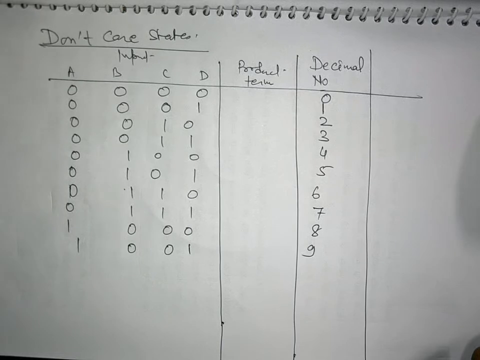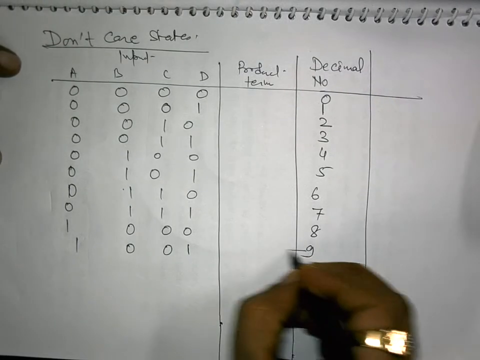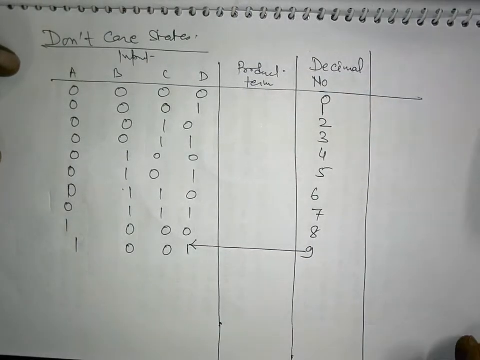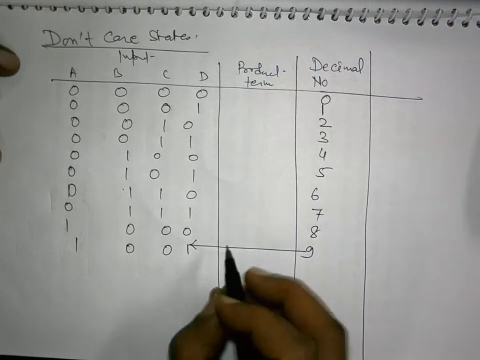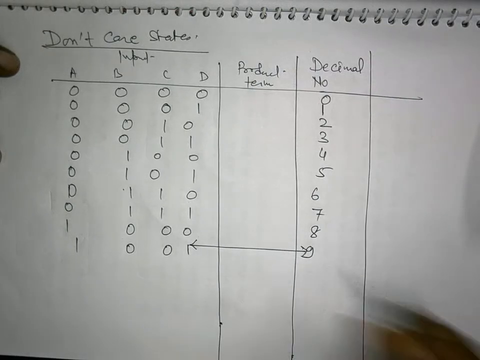Okay, these are the decimal digits that you have to encode in binary. If decimal is encoded in binary, it will give you this thing. If binary is further decoded in decimal, it will be this thing.